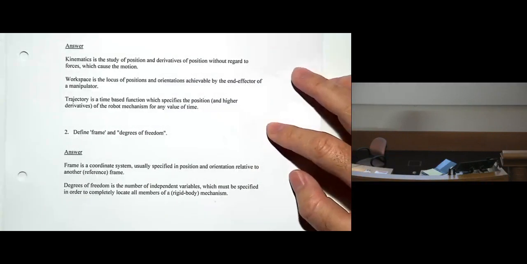And then the second question: define frames and degrees of freedom. I believe everyone will be very clear now. A frame is a coordinate frame. We are using a Cartesian coordinate frame, and the frame will always be a right-hand coordinate system.